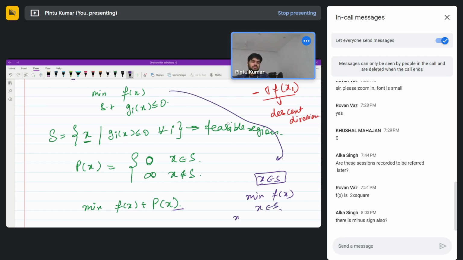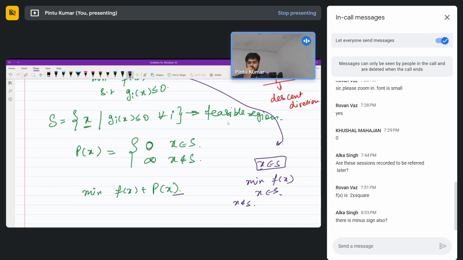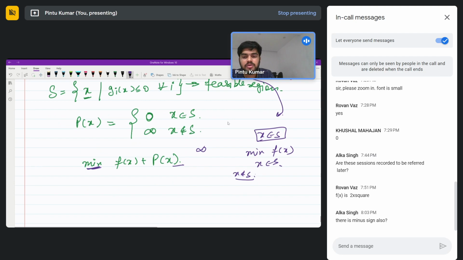Now, if x does not belong to S, the function value would be infinity, and you won't want that, right? You want a minimum value over here. So you won't land at a point where x does not belong to S. So minimizing this function is the same as minimizing f of x subject to gi of x less than or equal to 0.